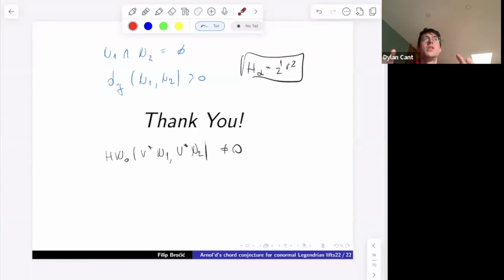So take your conormal Lagrangian, take your disk bundle, and now out of all Hamiltonian functions, maybe compactly supported in the disk bundle, how high can you push them before you create a chord joining the conormal to itself? And of course you have to maybe impose that it's non-negative or positive everywhere on the zero section, and then you have this sort of interlinking of the zero section with the conormal, right? That's the idea.